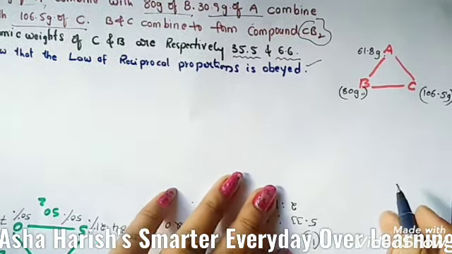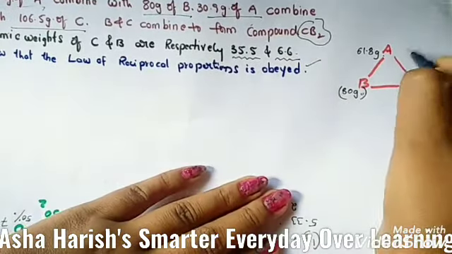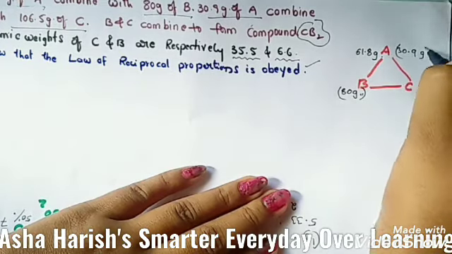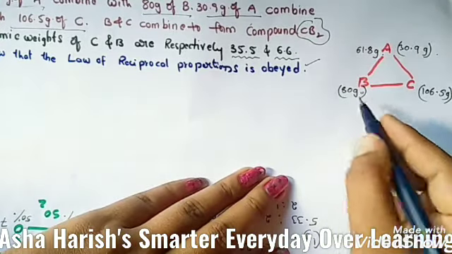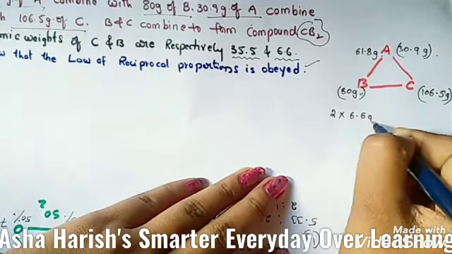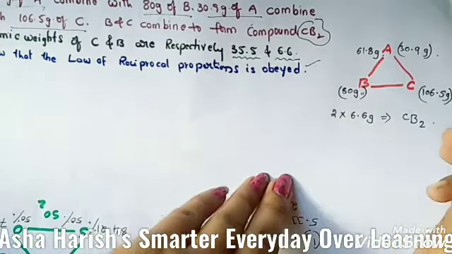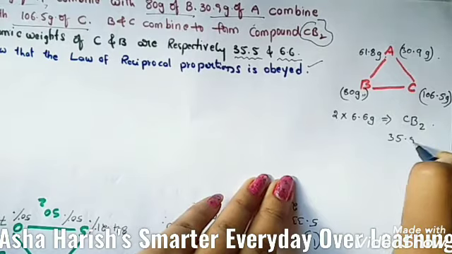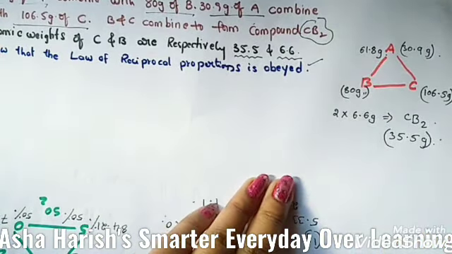What they have given in the question itself, you have to represent here. And coming to A, here is 30.9 grams. The atomic masses are also given in the question: 2 into 6.6 grams in the compound CB2, and 35.5 grams. These are the atomic weights they have given.